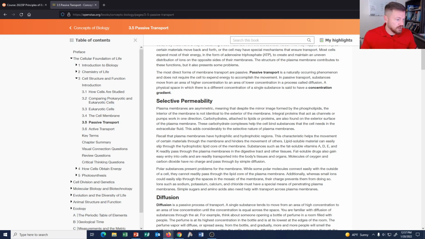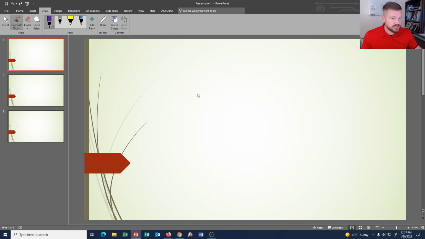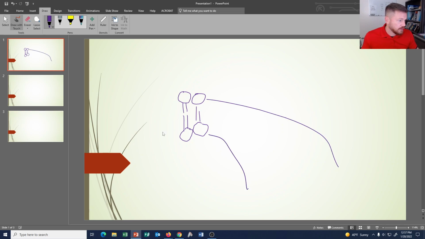And if you understand what membranes are composed of, so I don't have my stylus, so I'm drawing with the mouse here, bear with me. Remember these are the phospholipids that make up cell membranes. If I have them side by side, and then close that in, that makes up a membrane.